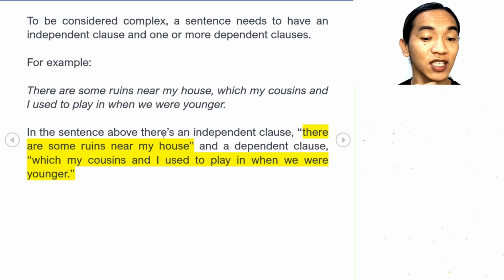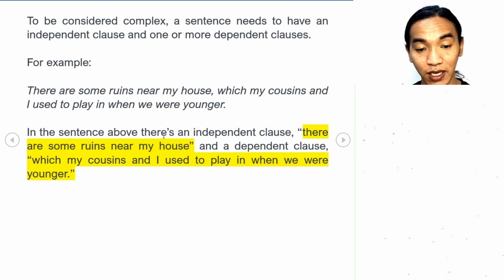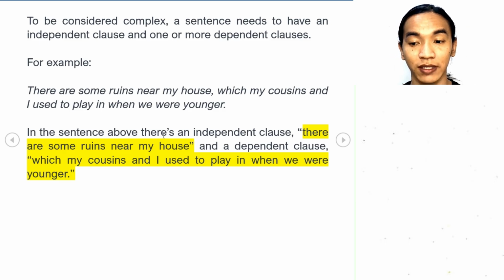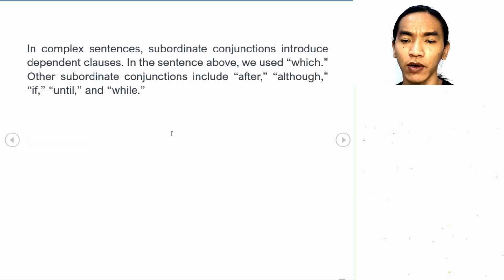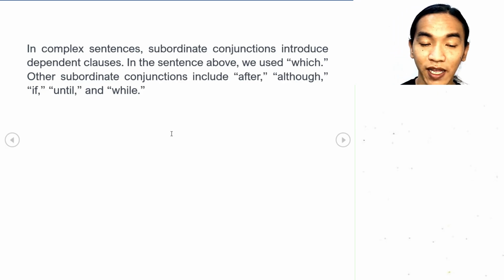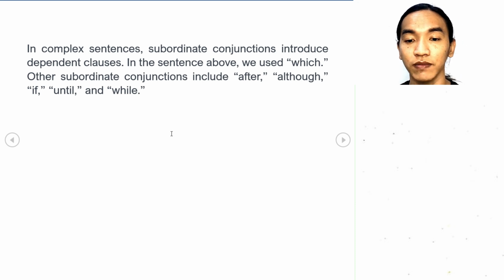So that is not a complete thought, although it's a clause with its parts. Okay? Now, in complex sentences, subordinating conjunctions introduce dependent clauses. In the sentence above, we use which, which is like a relative pronoun. Other subordinating conjunctions include after, although, if, until, and while.